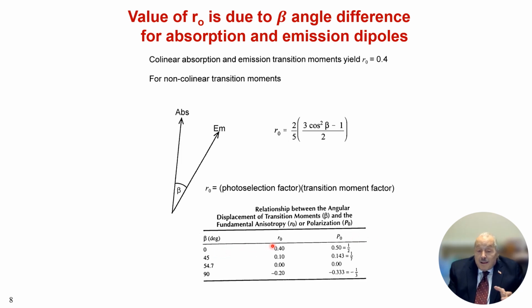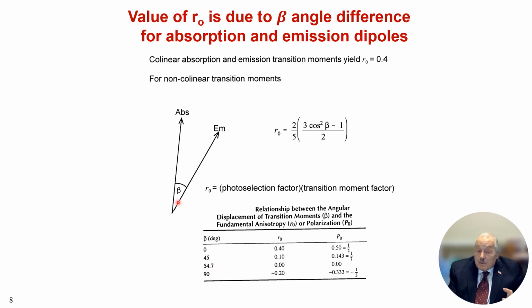For a zero angle, maximum anisotropy is 0.4. If we put it in polarization terms, it's 0.5. But the anisotropy terms are nicer. If it's 45 degrees, we wind up with 0.1. We're going to see that this is called the magic angle.